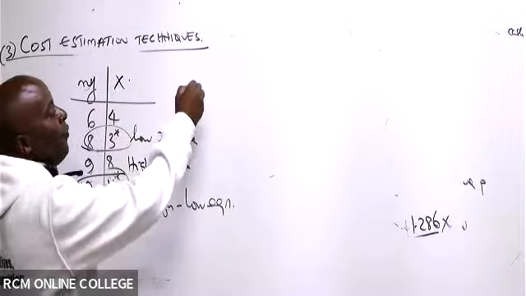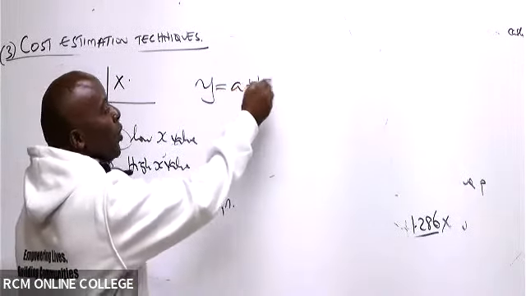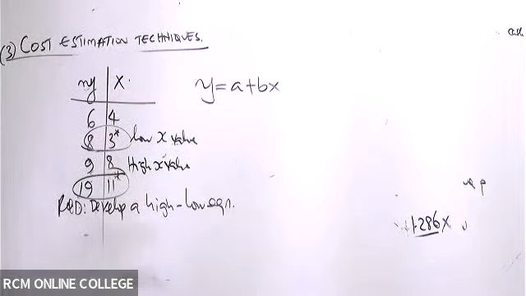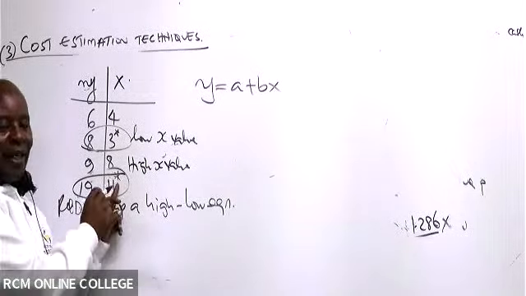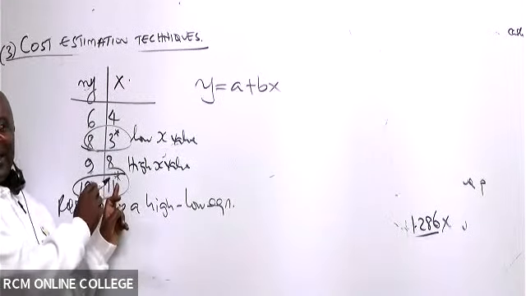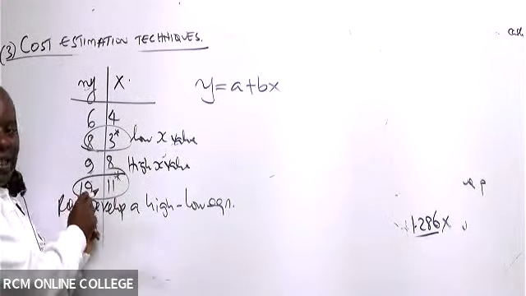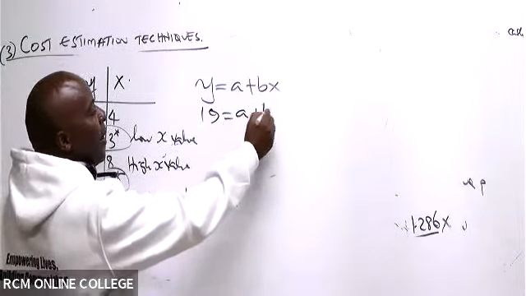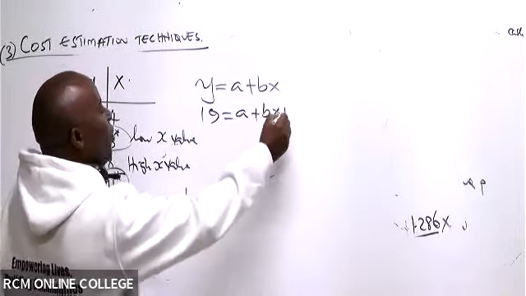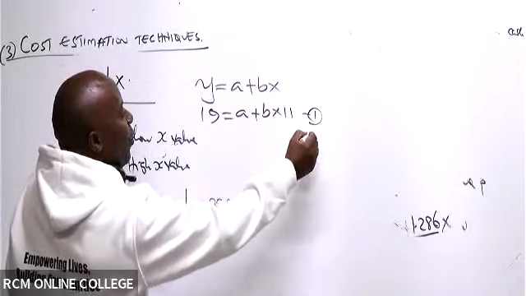So let's form our general equation, y equals a plus bx. We needed 2 points to be able to come up with two equations. So the two equations, what do we have here? We start with the higher one. Remember the higher one, x is what here, somebody? 11, and y is 19. So I'm starting with y, which is 19 equals a plus b times x, which is 11. Equation number 1.